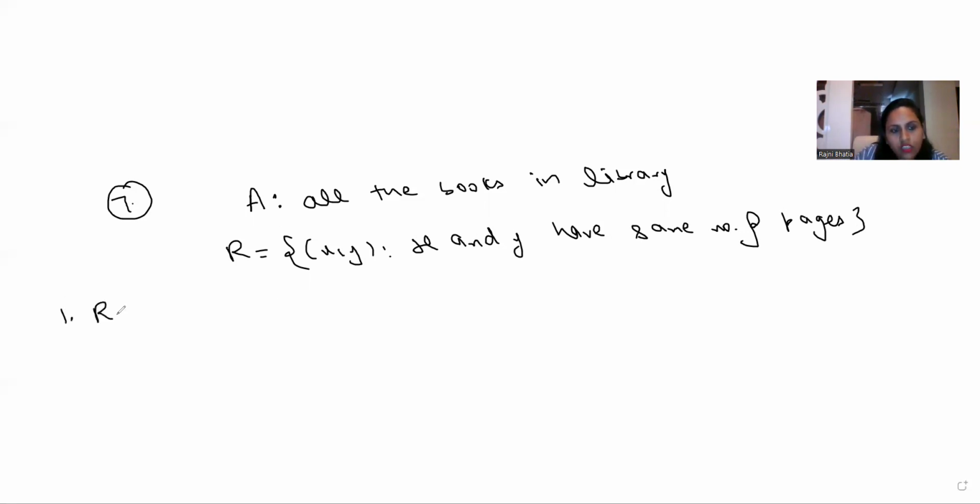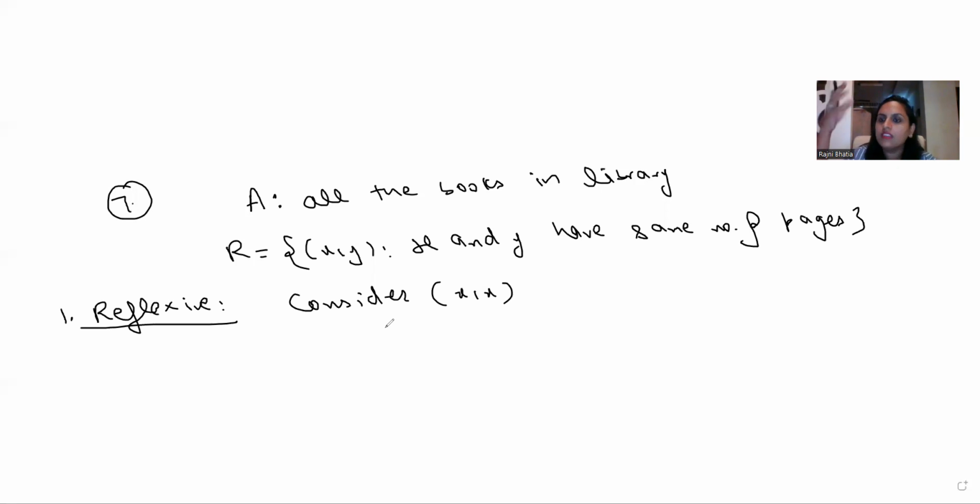So first of all, we will check the reflexive. For reflexive we have to write, consider (x, x). Now (x, x) is the same book. If x has 20 pages, then x has 20 pages. So (x, x) means the same book.